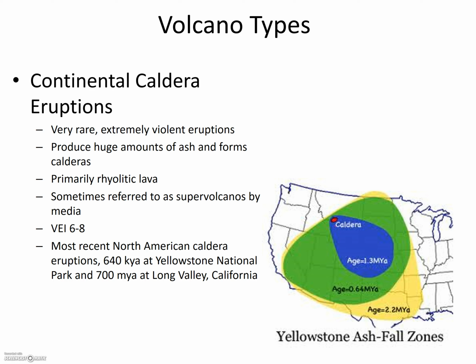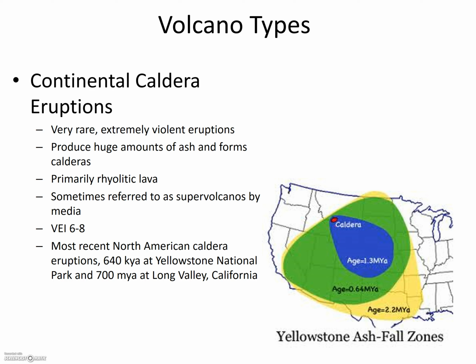Continental caldera eruptions are very rare, extremely violent eruptions that produce huge amounts of ash and form calderas. They produce primarily rhyolitic lava and are sometimes referred to as supervolcanoes by media, with a VEI of 6 to 8.